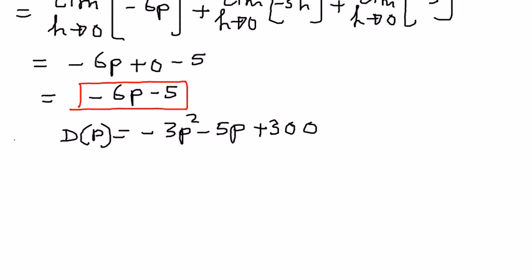We needed to find the rate of change of demand with respect to price. We can find that by finding the first derivative of this function, and that is going to be equal to negative 6p minus 5, and this is our answer.